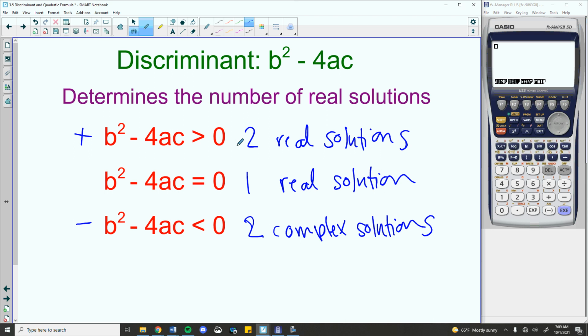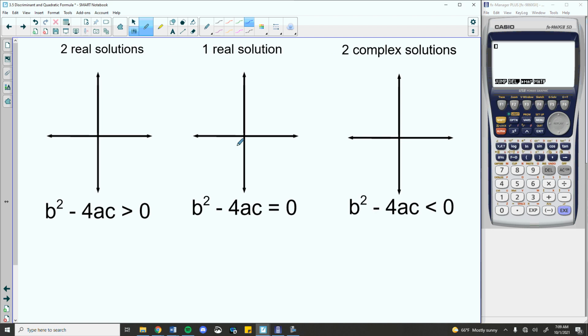Here's what this looks like. Solutions are just another word for x-intercepts. Wherever your graph touches or crosses your x-axis, those are your solutions. If my discriminant is positive, I'm going to cross my x-axis in 2 places. This parabola could look however you want, as long as it crosses in 2 points.